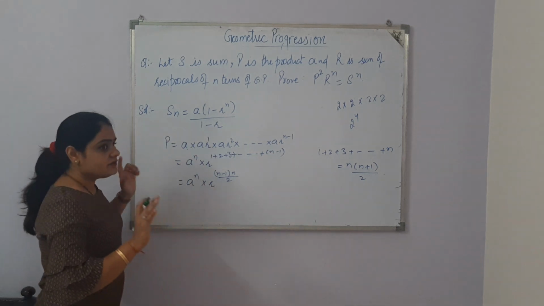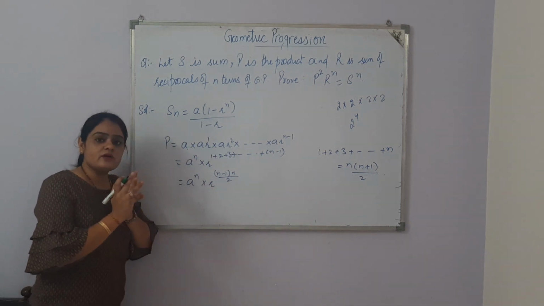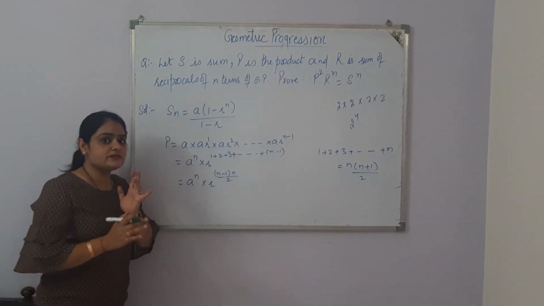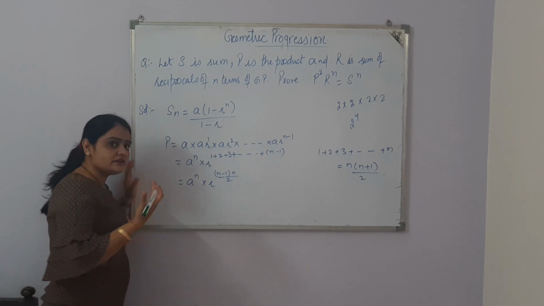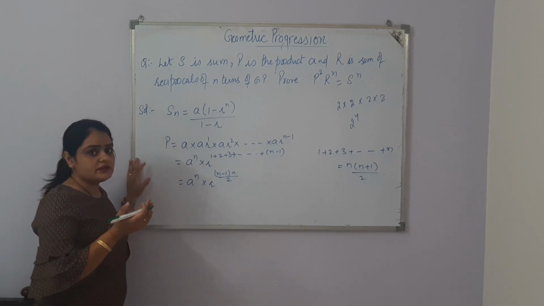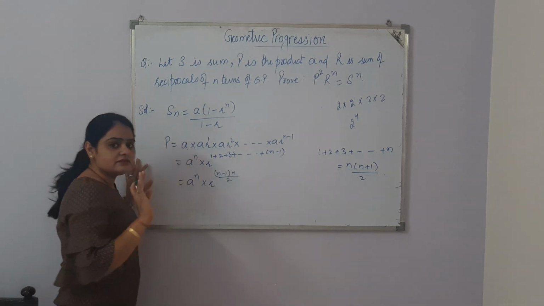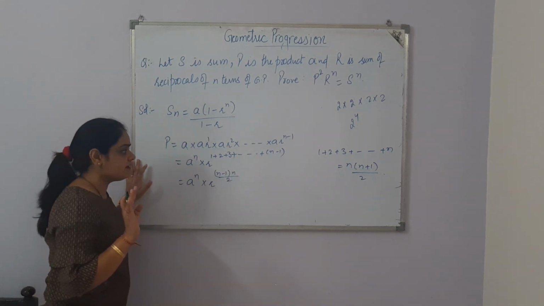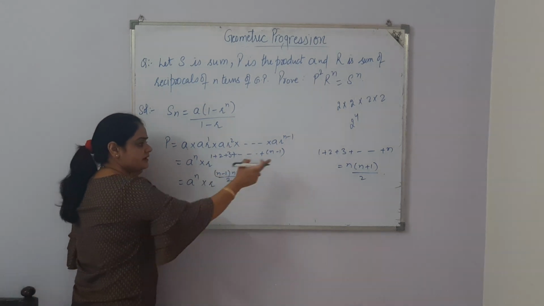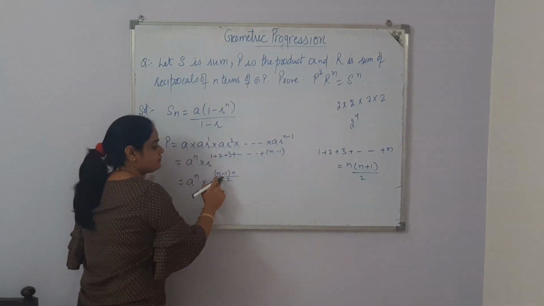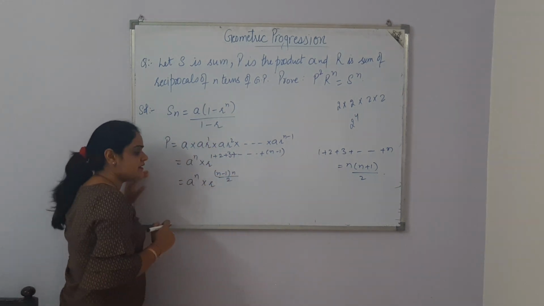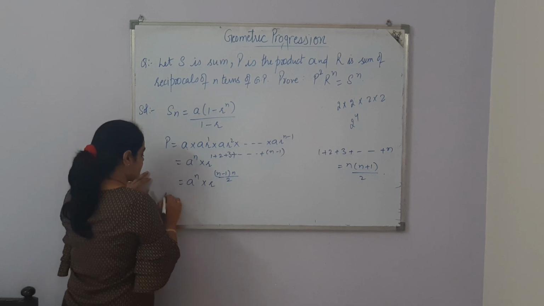So you will prove this formula 2 or 3 times in your mathematics. If you want to learn it, you can. If you don't want to learn it, you can directly apply the sum of n terms of an AP. Here, in place of n, it is n minus 1. So n minus 1 into n by 2. So this is the value of P.